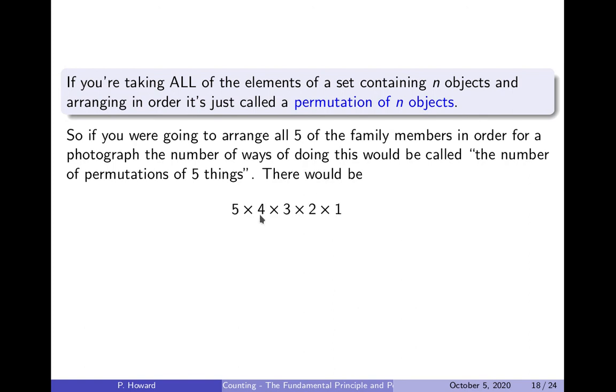And there would be 5 times 4 times 3 times 2 times 1 of these arrangements, which is 120. On a calculator, you could do it as 5 nPr 5.